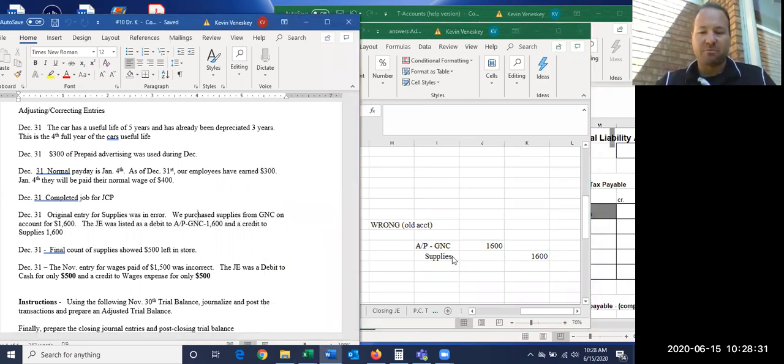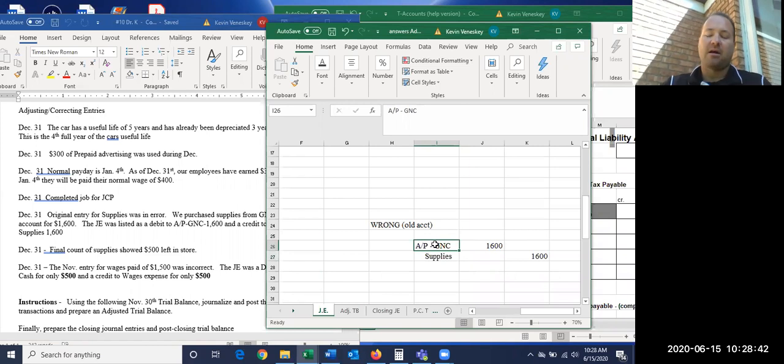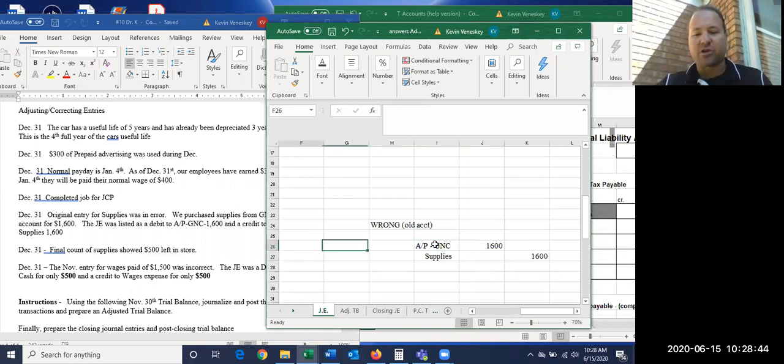And this is when they purchased supplies. So what they got, they didn't get a reduction on what they owe. No, they got supplies. So this should have been the debit, and this should have been the credit.